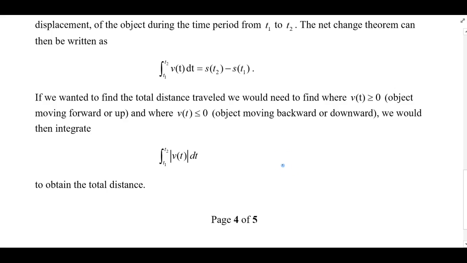So if an object does move backwards and we want to find the total distance, we integrate the absolute value of velocity to make sure that all the negative values of velocity are added with the positive values of velocity, giving us the total distance overall.